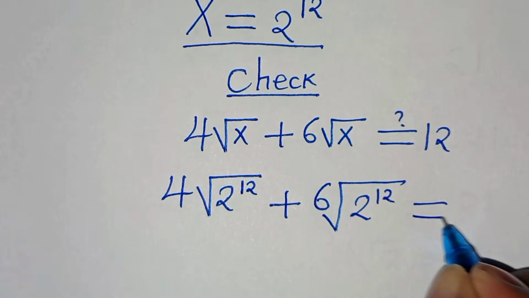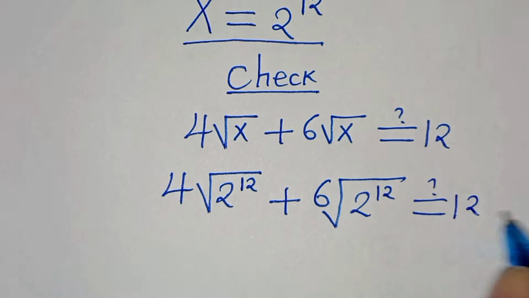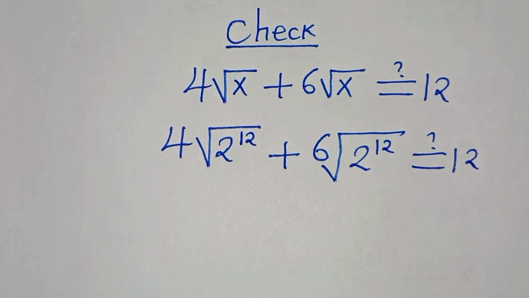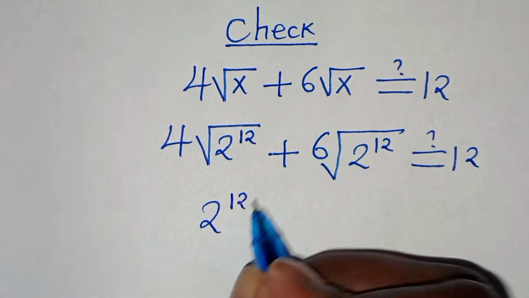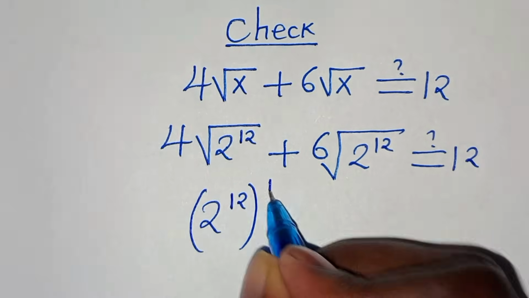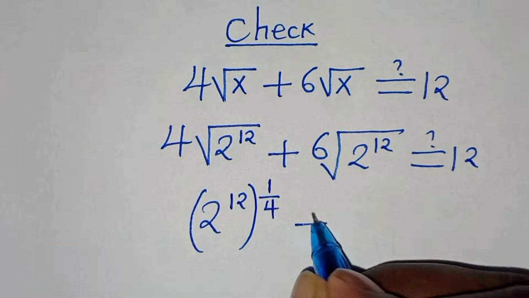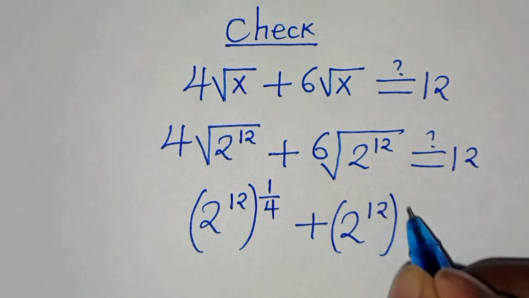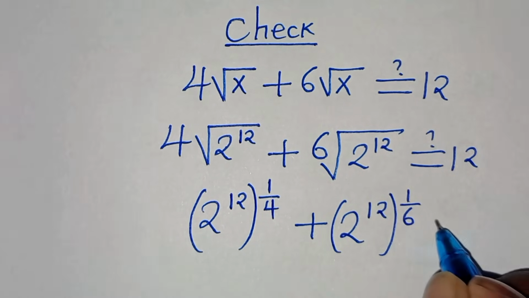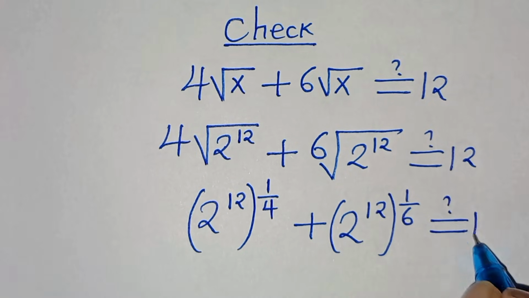This should give us a value of 12. Now, this means that here we have 2 to the power of 12 raised to the power of 1 over 4, plus 2 to the power of 12 raised to the power of 1 over 6. This should give us a value of 12.